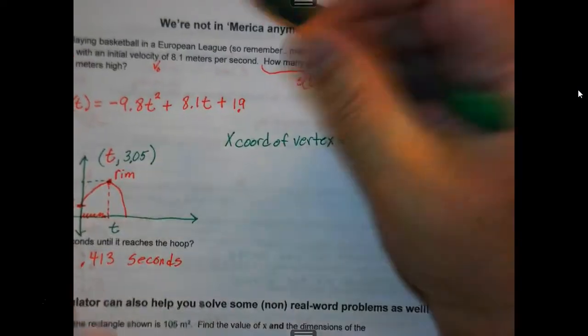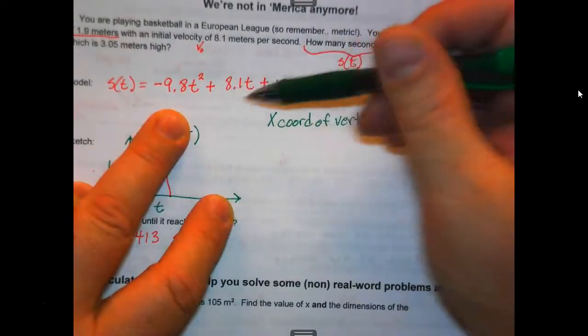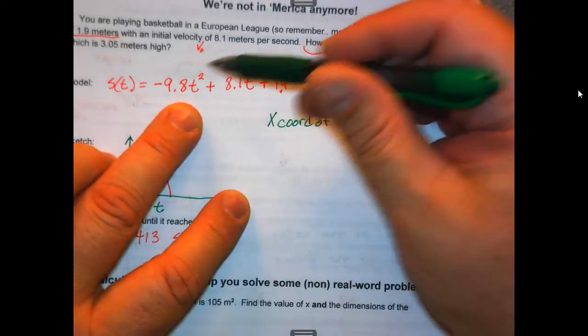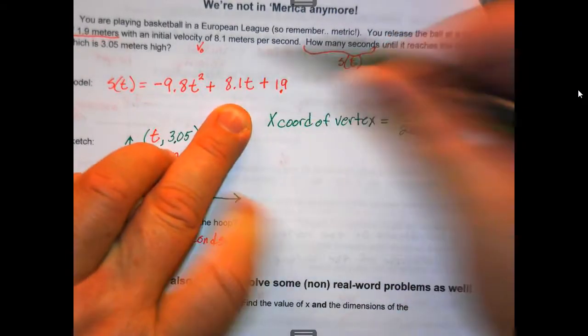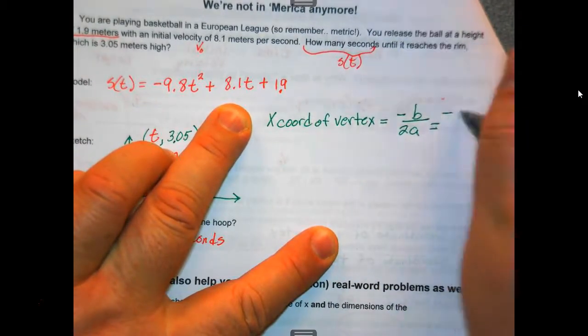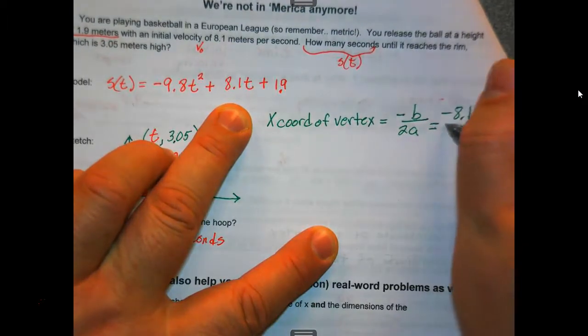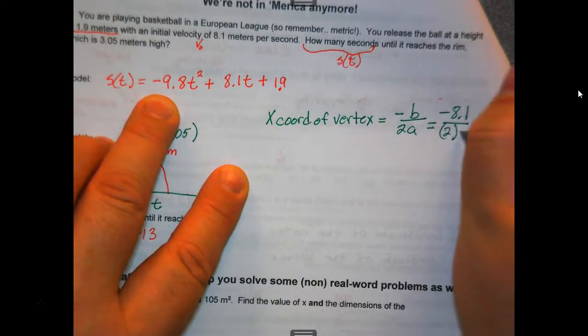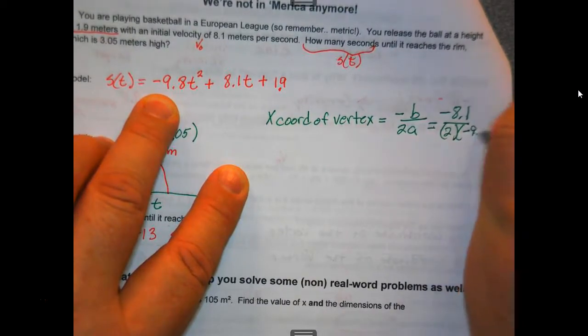Okay. Well, look at my equation. Negative b, my b is 8.1, all over 2 times my a, which is negative 9.8.